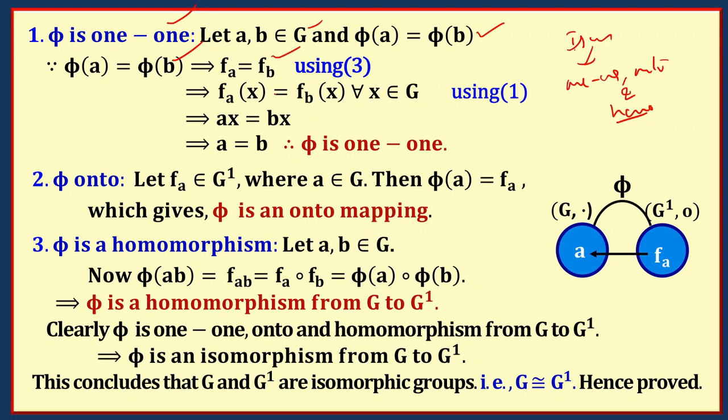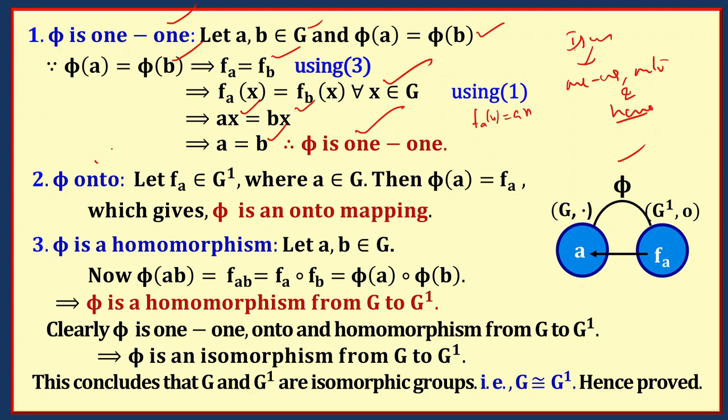That means f_a of x is equal to f_b of x for all x belonging to G. Using 1, f_a of x is ax and f_b of x is bx. So by using the right cancellation law, a is equal to b. So pi of a equal to pi of b gives a equal to b, which means pi is a one-one mapping. Distinct elements in G have distinct images in G'.